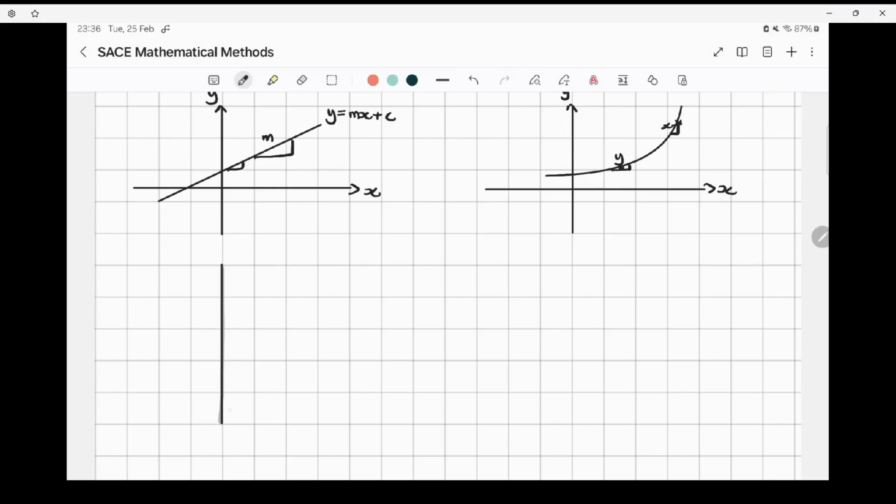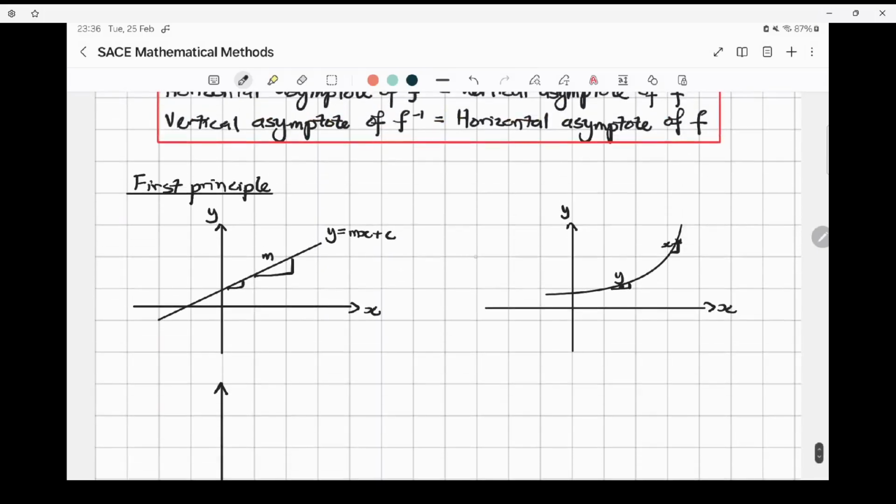So let's say you have a curve. Perhaps I put a better line here. So you want to generalize it.